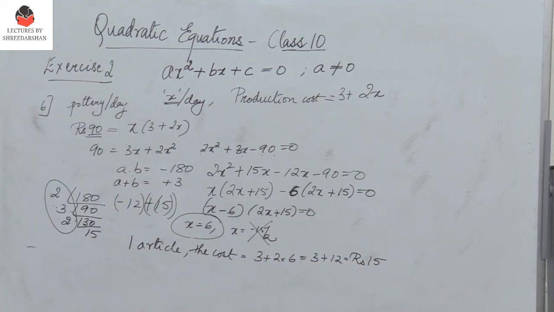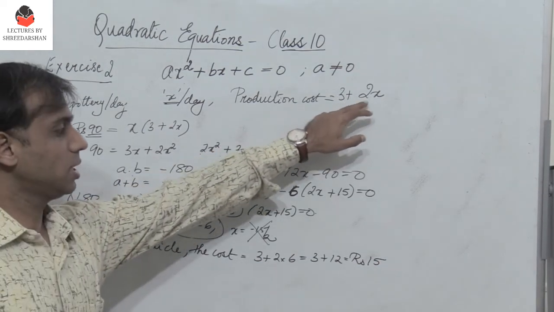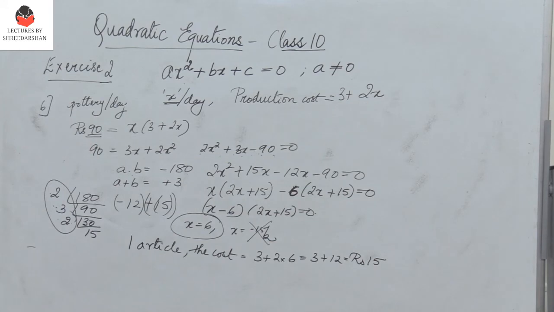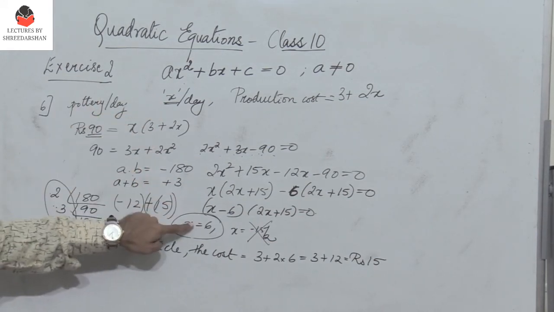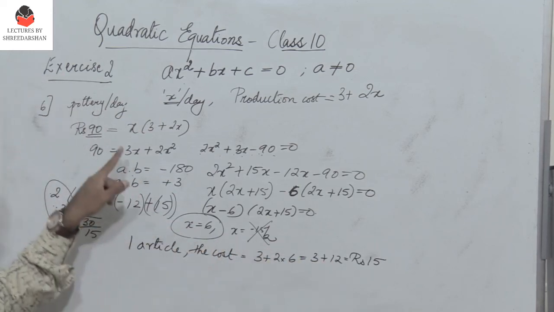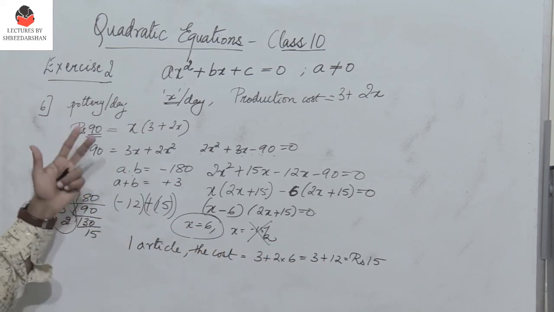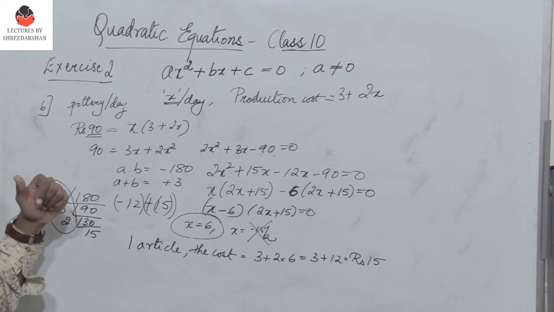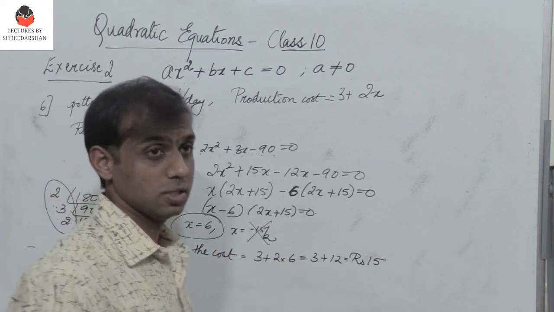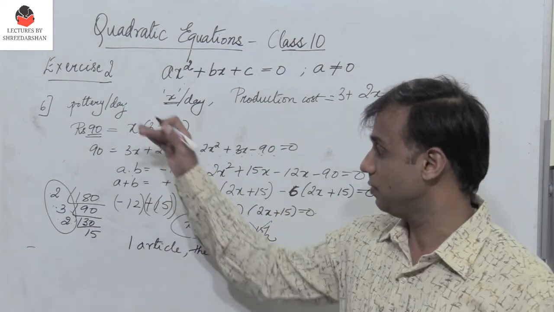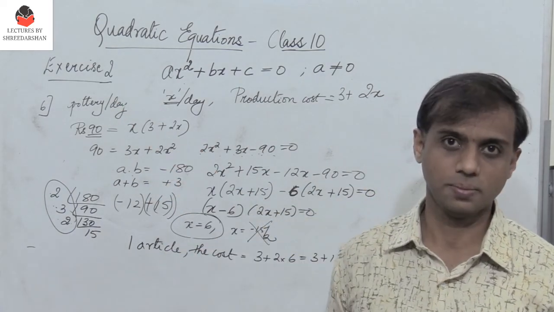So to produce one article, the cost is 3 plus 2x, which is 15 rupees. To produce x articles, what is x? 6. 15 into 6 gives me 90. So we are producing 6 articles per day, and the total cost of production would be 6 into 15, which is 90, as given in the problem, and we have verified that the answer is correct.